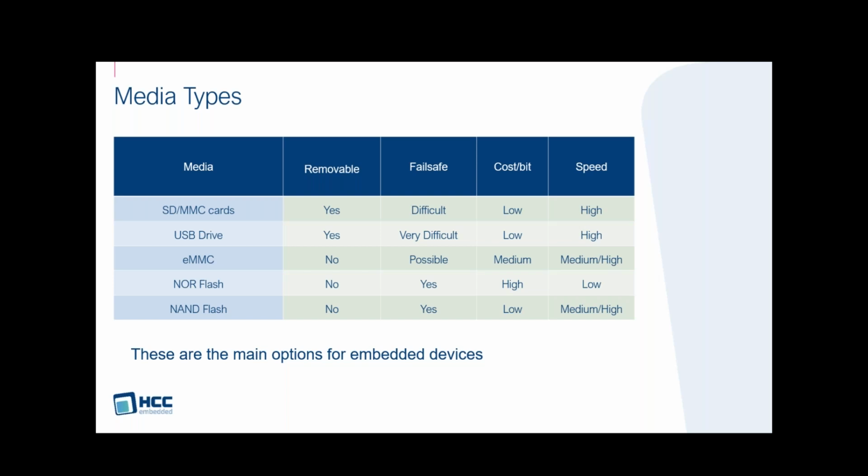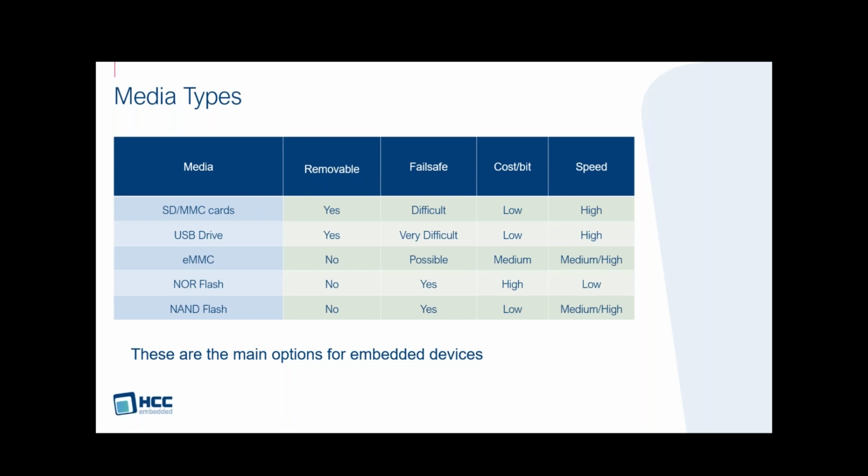USB drives, well, these are ubiquitous, they're everywhere, they're given away all over the place as marketing tools. They are removable, of course, pretty low cost, high speed. Big problem is that, as far as we're aware, there's no USB drives that show a capacity to guarantee fail safety.